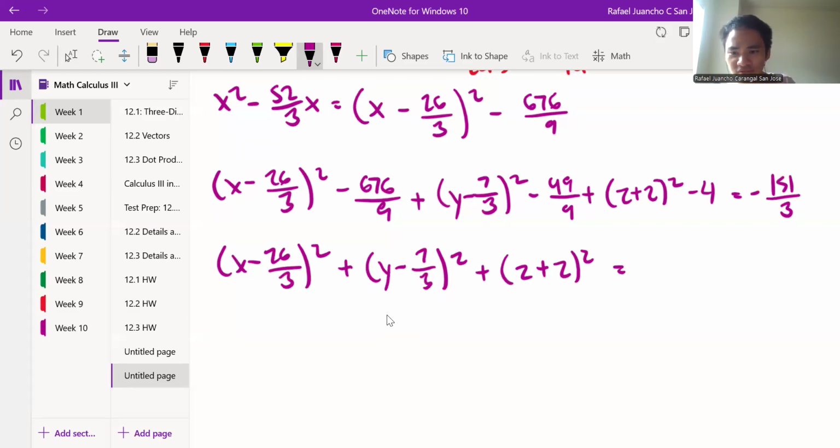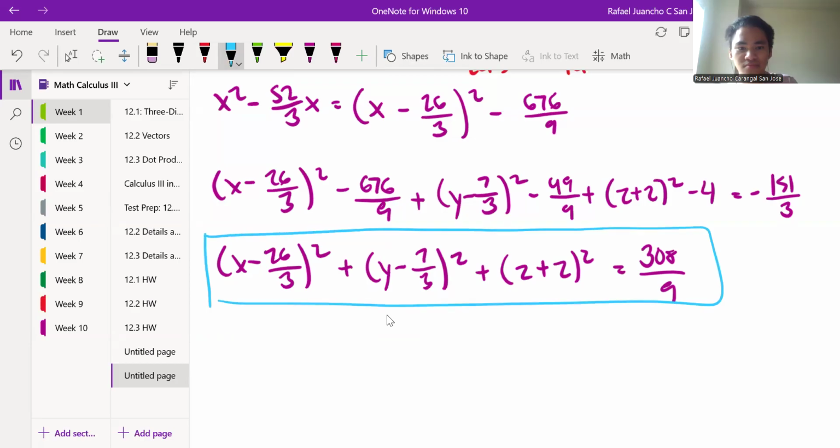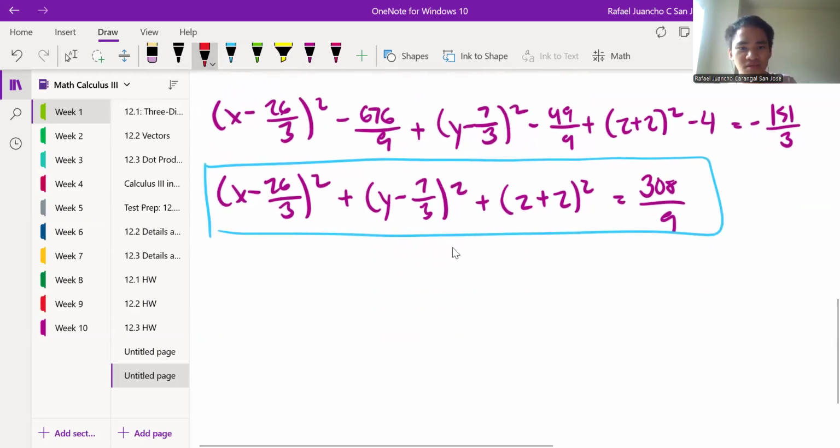And if we do all of that manipulation, we get 308 over 9. And from here, we can say, this is the center, and this is the radius, or r squared rather.